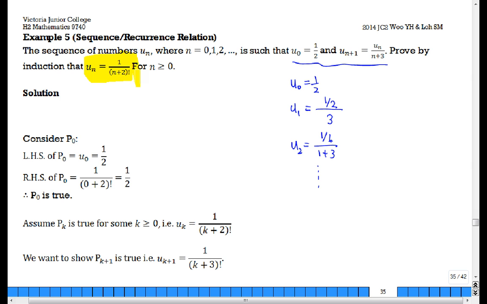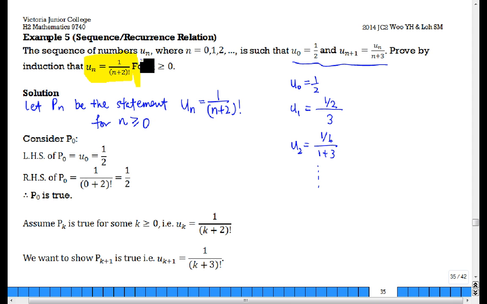When we define Pn, we say let Pn be the statement Un equals 1 over n plus 2 factorial for n larger or equals to 0.